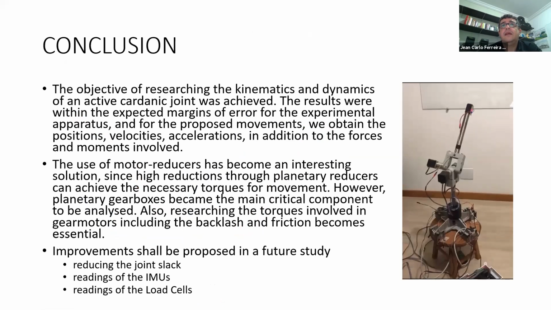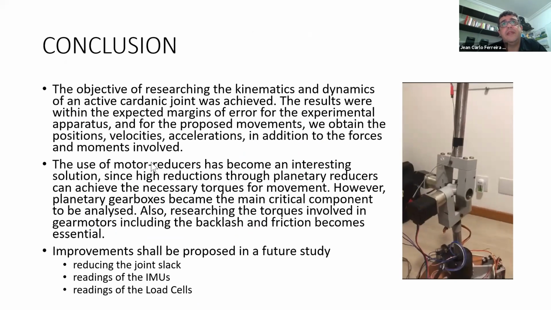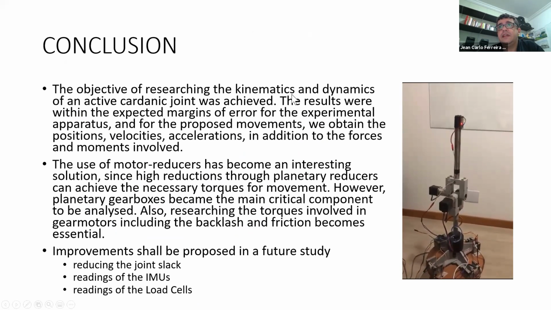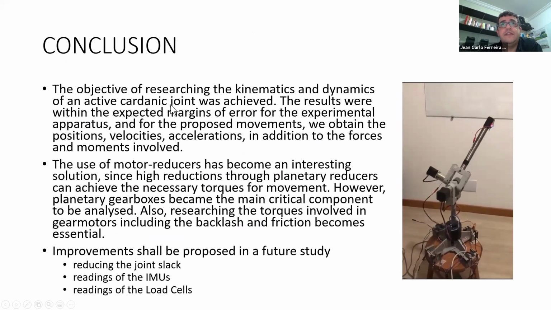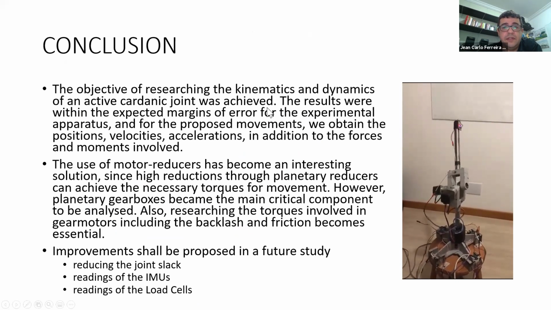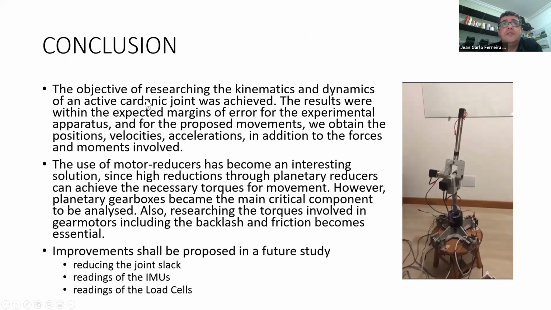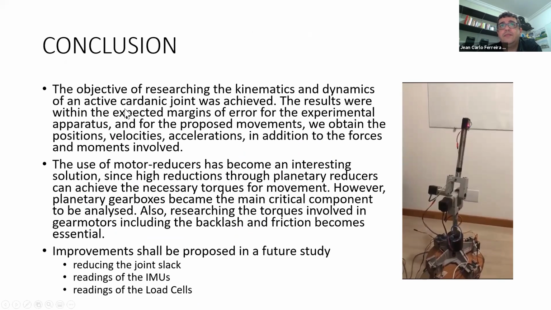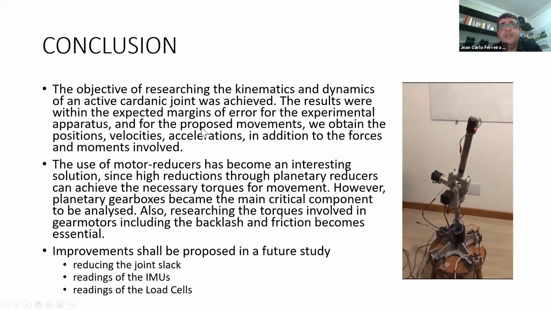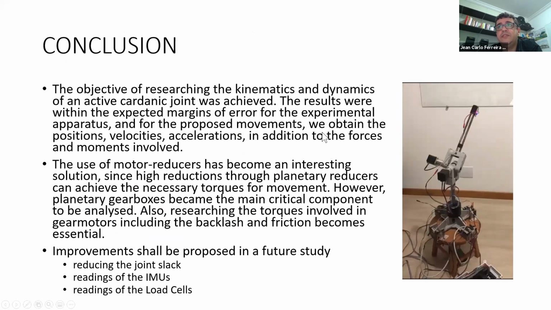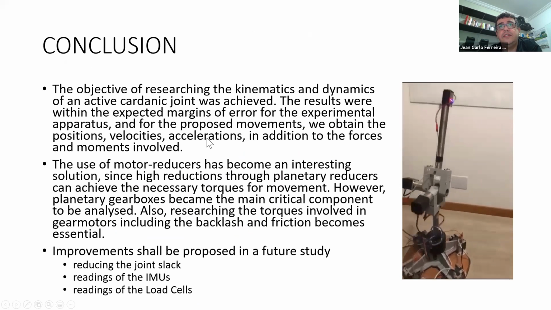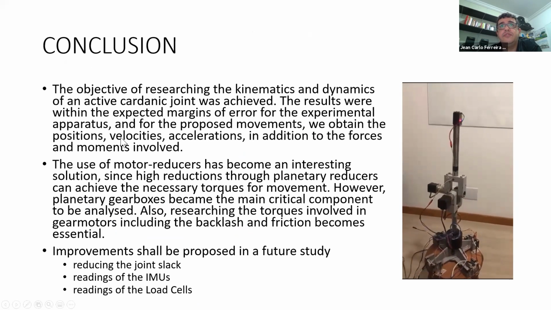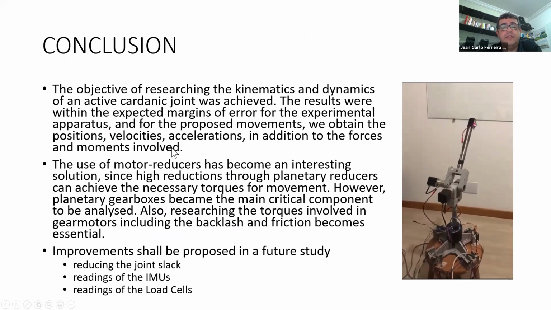Well, in conclusion, the objective of researching the kinematics and dynamics of an active cardanic joint was achieved. The results were within the expected margins of error for the experimental apparatus. For the proposed movements, we obtained the positions, velocities, and accelerations, in addition to the forces and moments involved.